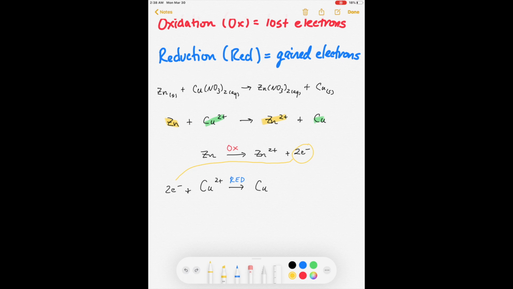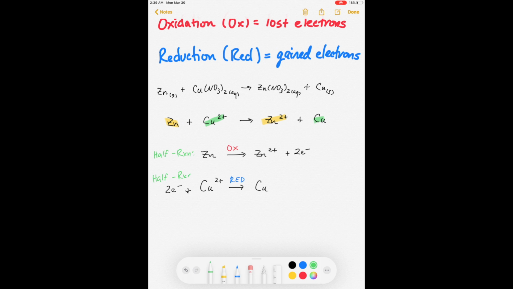Last but not least, I want to mention these are what we call half reactions. So this right here, students, is the oxidation half reaction. And this, of course, is the reduction half reaction.